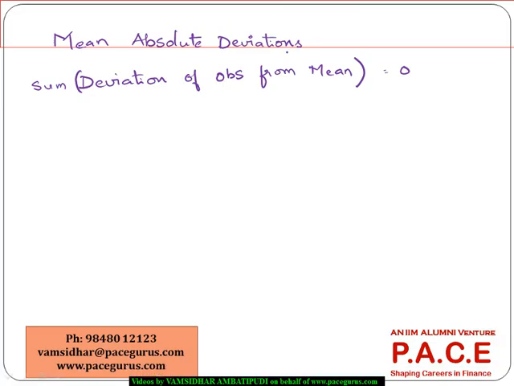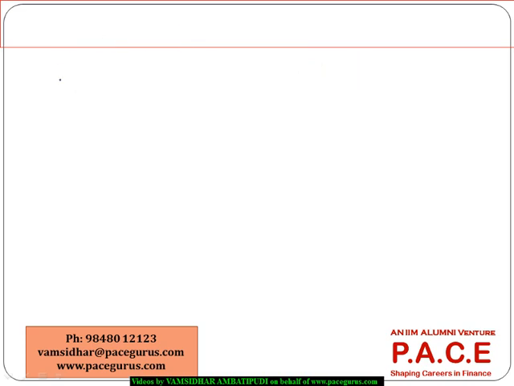Then what about the next? That is where we talk about population variance and the population standard deviation. These are the ones which are widely used in investment related applications.